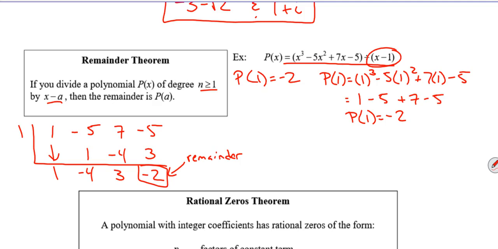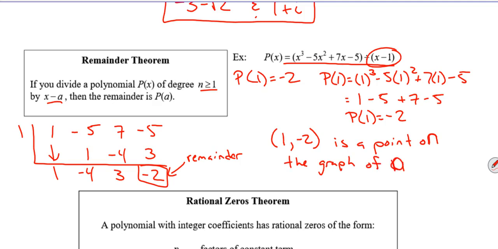An interesting point about this, just to tie it all together, is that the point (1, -2) is a point on the graph of P of x.